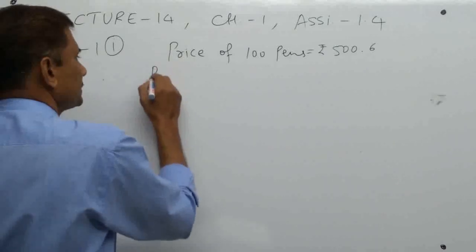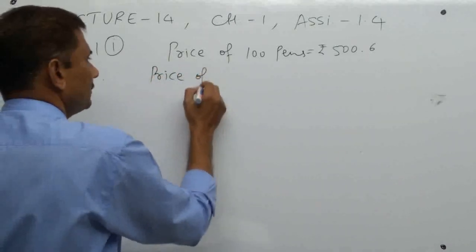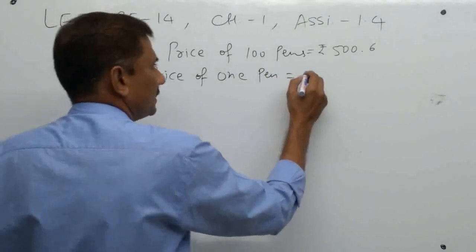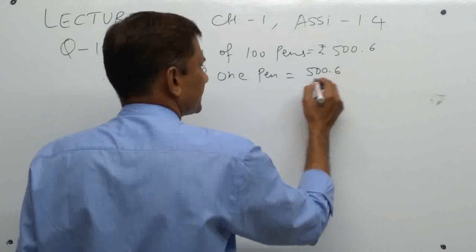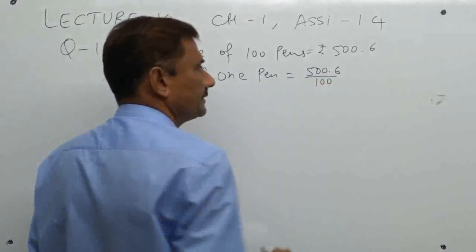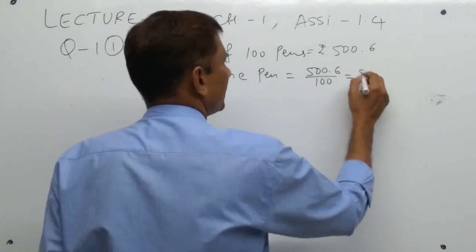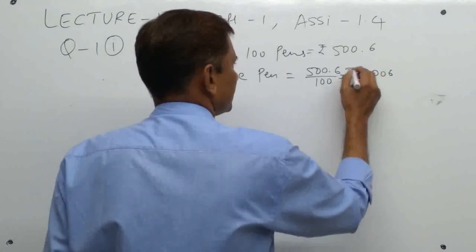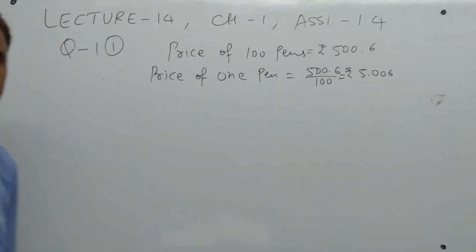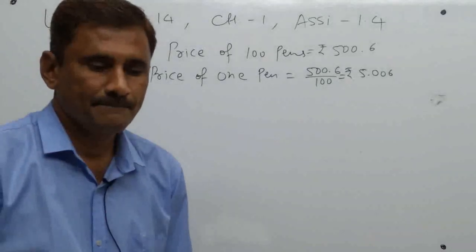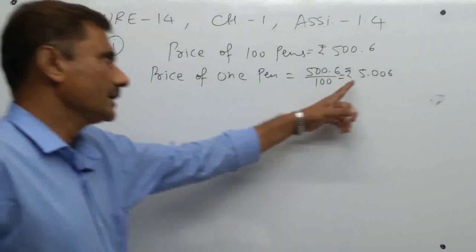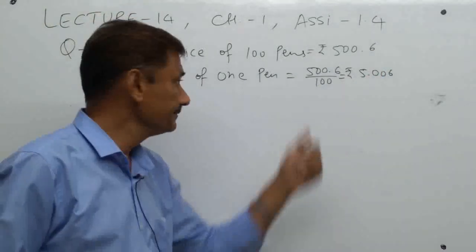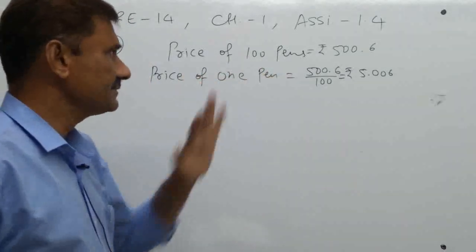So price of one pen equals 500.6 divided by 100, which obviously will be 5.006 rupees. Keep up to 3 decimals because we want the exact answer. So we got the price of 1 pen.